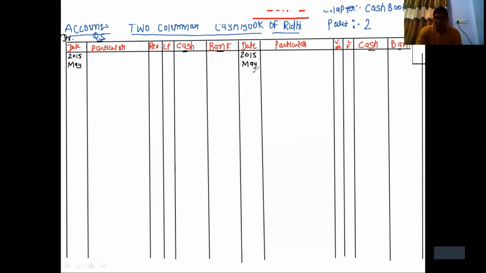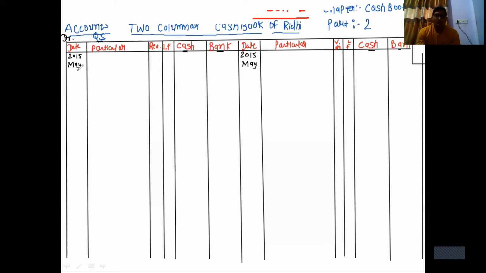Now in transaction number 1, opening cash balance 4,000, opening bank balance 6,000. Here opening cash balance is given, opening bank balance is given, and both have debit balance.